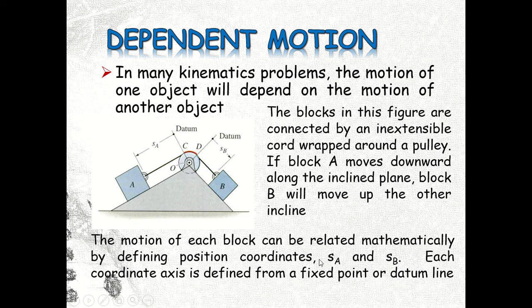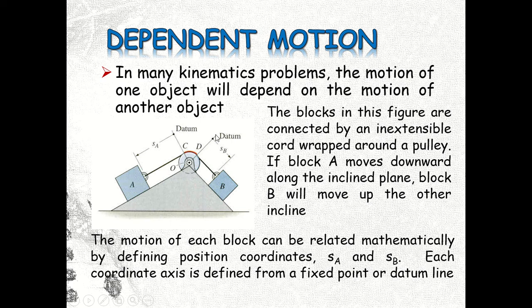The position coordinates are sA and sB, with respect to this point. Each coordinate axis is defined from a fixed point, or what we call the datum line, passing through this fixed point. So this is what we call the datum.